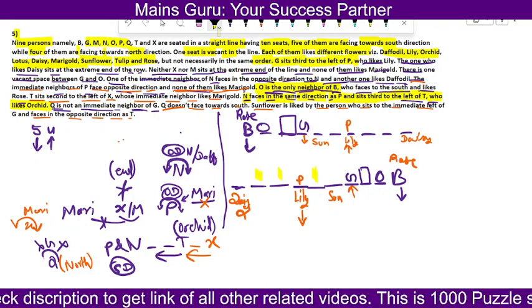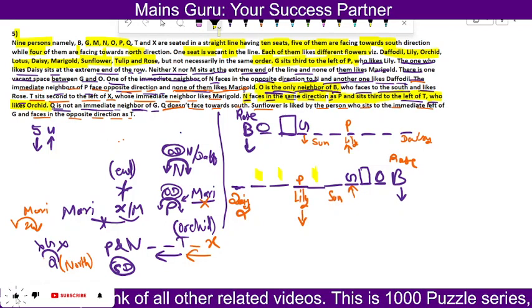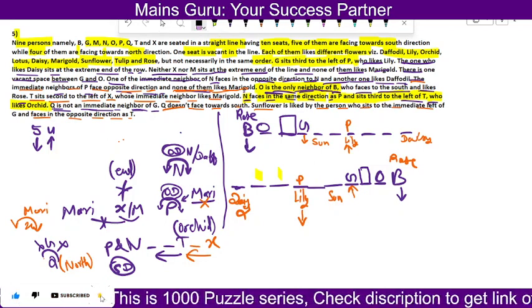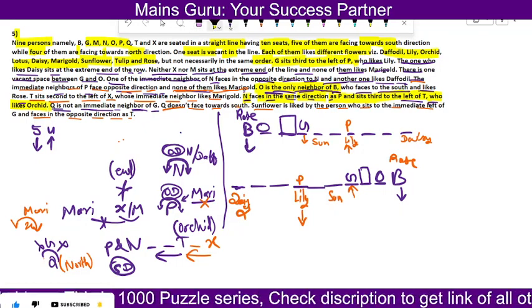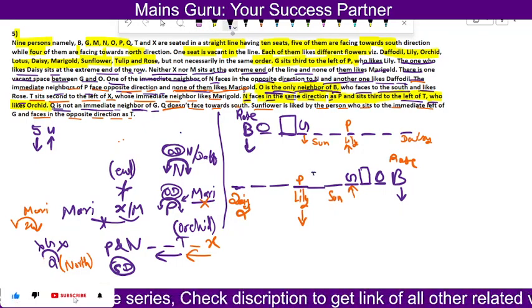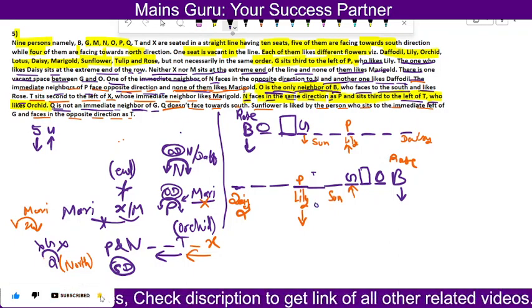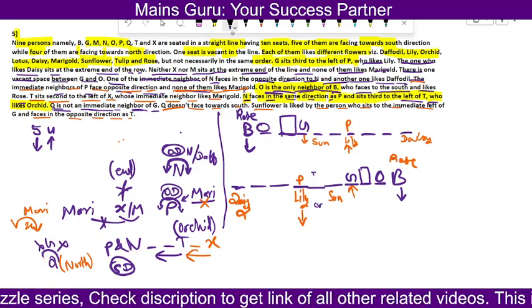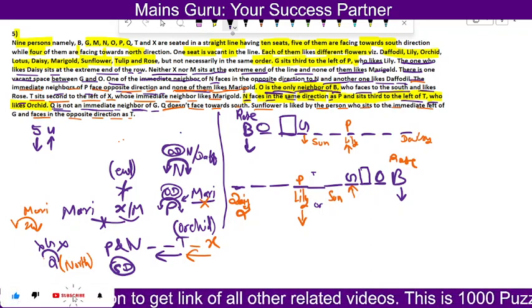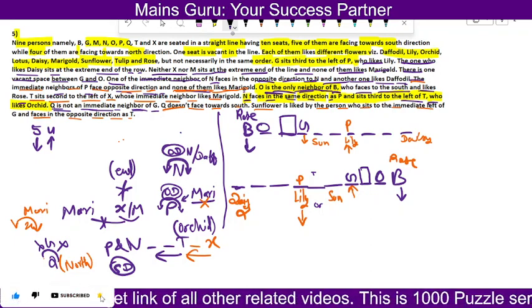Okay, no problem, it is possible. One minute, if we write T here, we have to check it again. Suppose I write T here, then orchid will be here. Either we can draw the two possibilities, or we can check here and check like this.